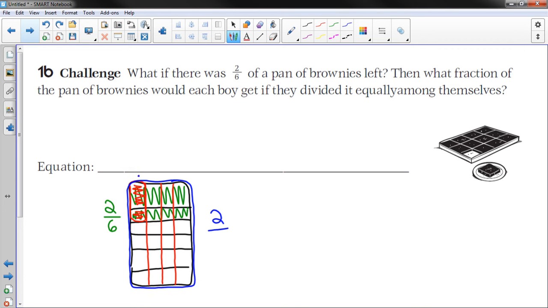Well, it's 1, 2, 3, 4 by 1, 2, 3, 4, 5, 6. 6 times 4 is 24. 2/24. So 2/6 divided by 4 is equal to 2/24.